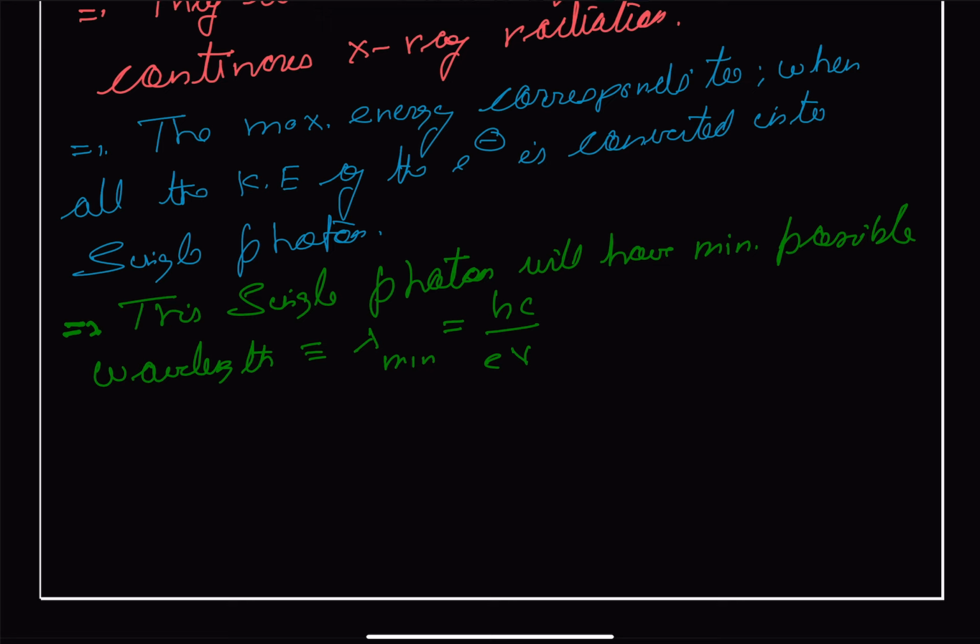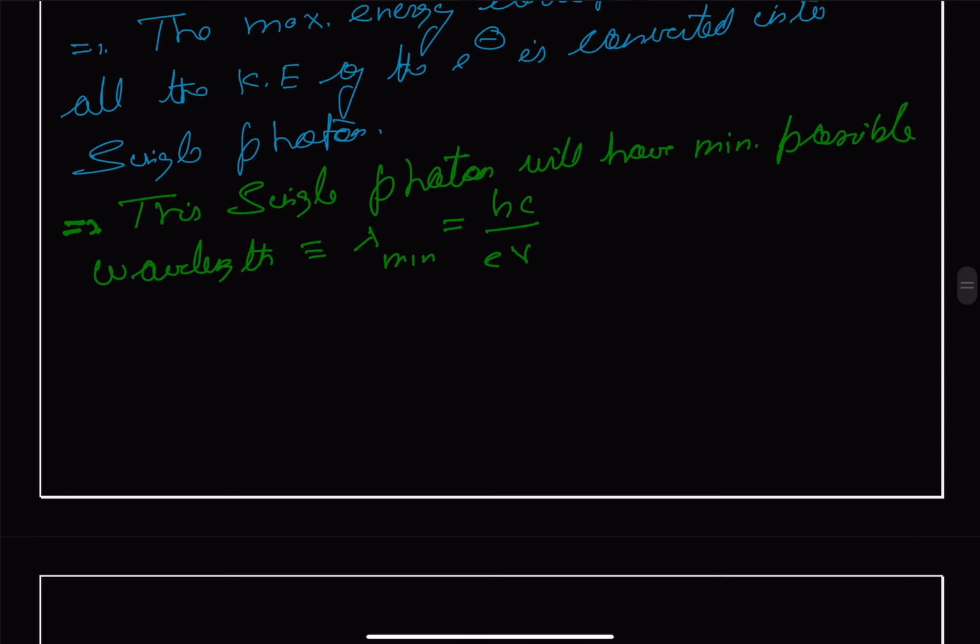So therefore the wavelength is going to vary from lambda minimum to a highest value of infinity. So we have a wavelength range from lambda minimum up till infinity.